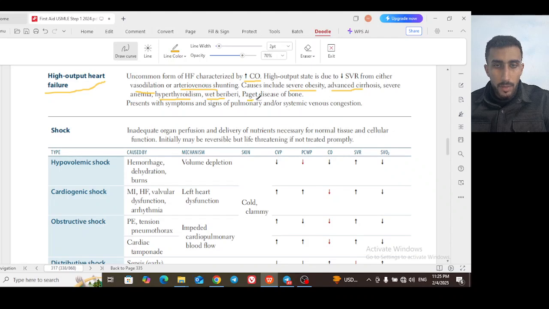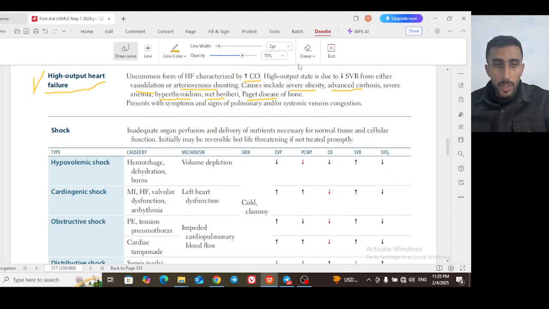And Paget's disease of the bone is hypermetabolism of the bone with increased bone turnover, and also there is arteriovenous shunting inside the bone. So these different causes may cause vasodilatation or arteriovenous shunting, and the cardiac output will increase, and you may reach a point for the heart to fail.